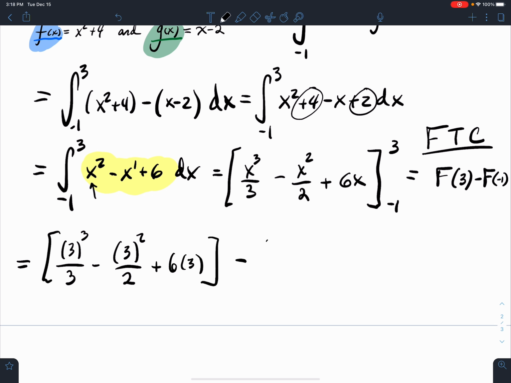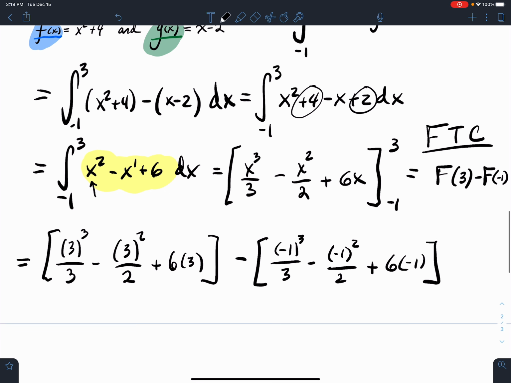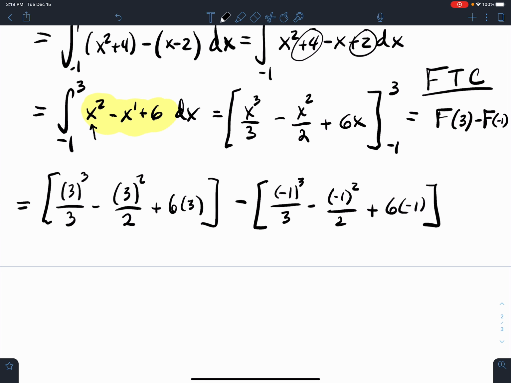Minus parentheses, -1 cubed over 3 minus -1 squared over 2 plus 6 times -1. Close parentheses. And when you calculate this, you're going to get a lot of math, and that math is going to reduce it to 88 over 3.